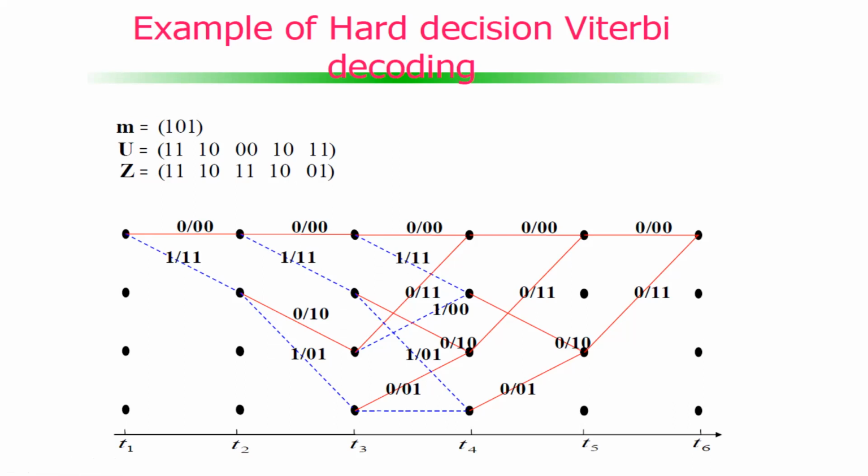In this way, how many comparisons will I have to make? 2 raised to the power 10. But here I am considering message bits to be only 3 bits.